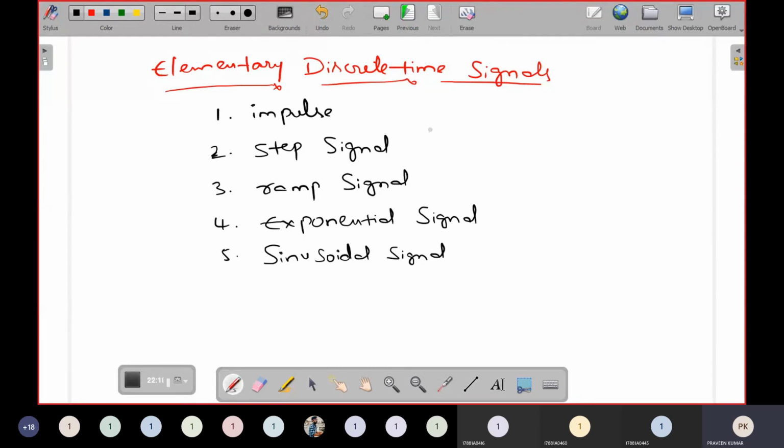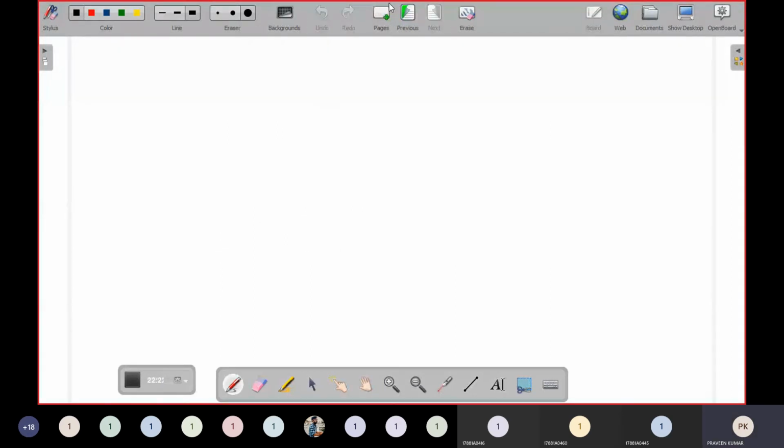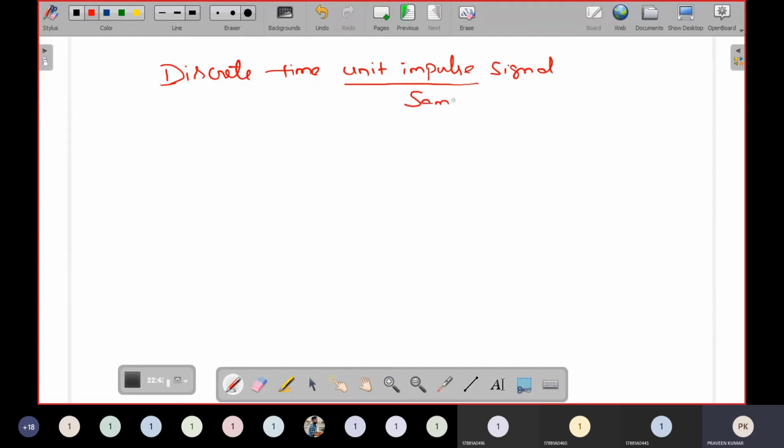Okay, now see the first, impulse signal. Discrete time unit impulse signal, which is also called unit sample signal.